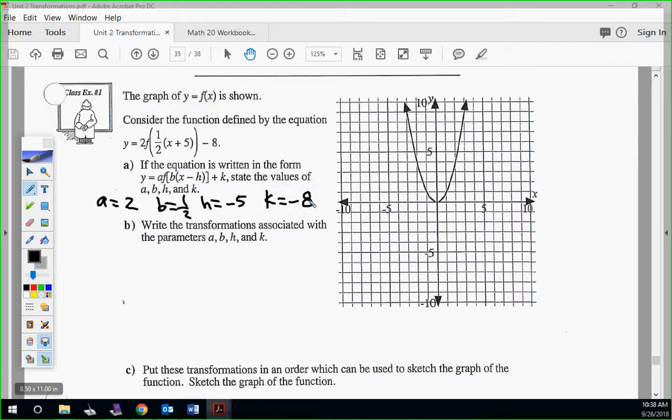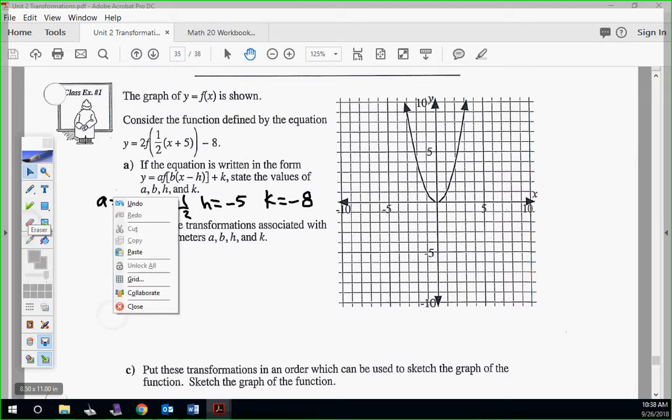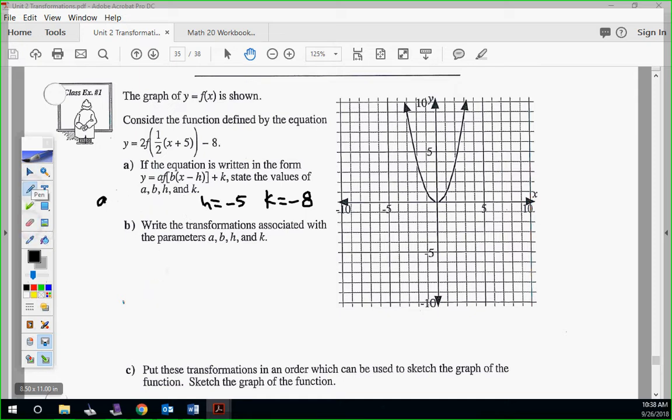Now write the transformation associated with the parameters a, b, and h. Sorry, let me rewrite that. I forgot how big that was, and it's getting all over the place. Let's make that smaller so we avoid that later.